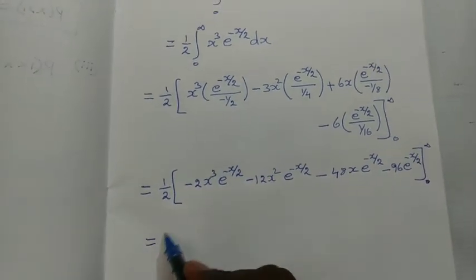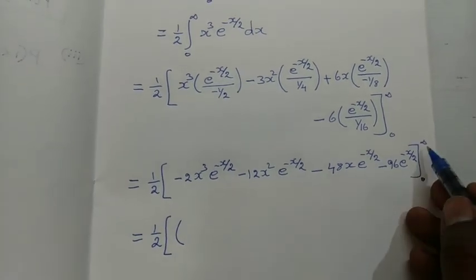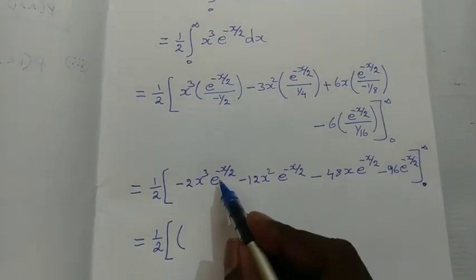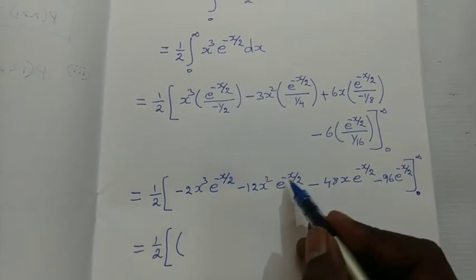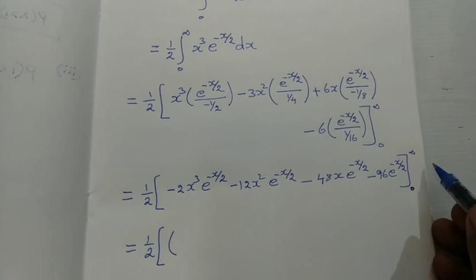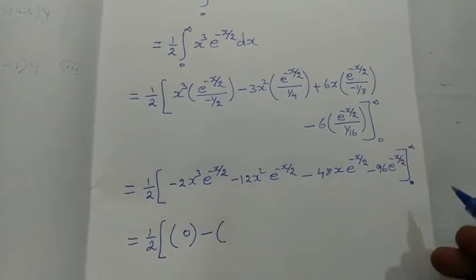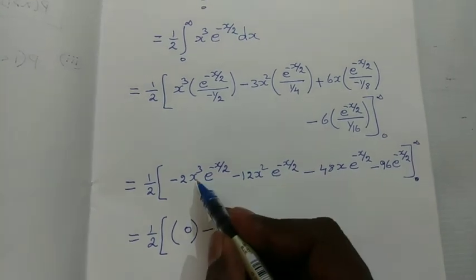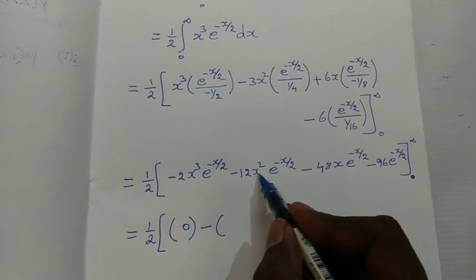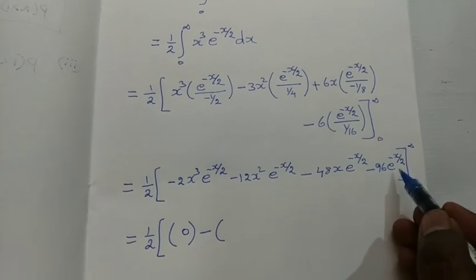Okay, now I am going to substitute the upper limit first. The upper limit is infinity, and when you put infinity here, e power minus infinity is 0. So the entire upper limit is 0. Only the lower limit remains. Substitute 0 here. 0 into anything is 0.